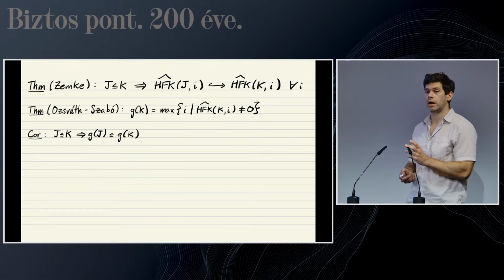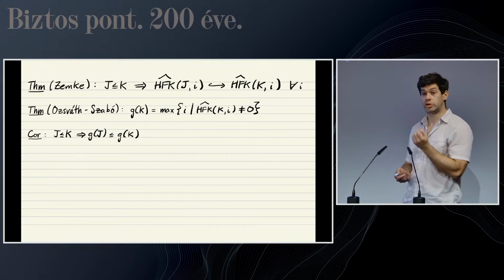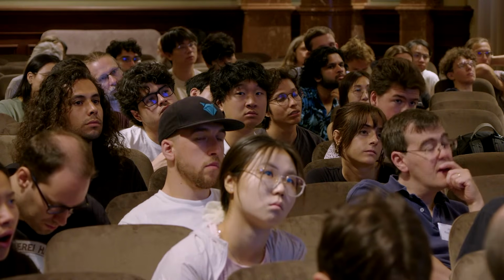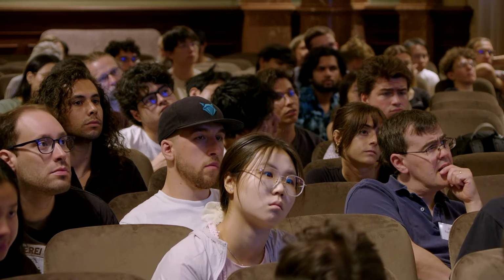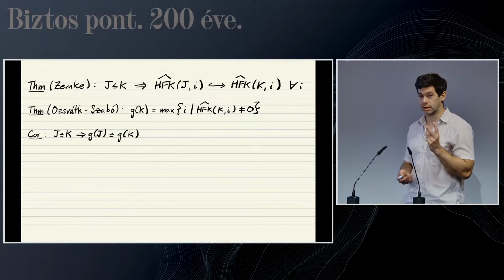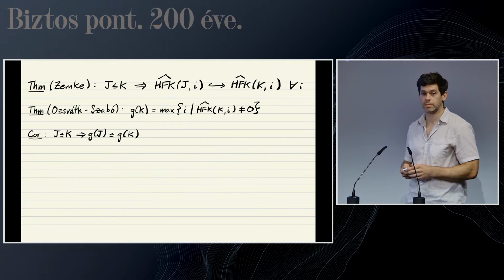And the idea there is that if you have a band sum of several knots, there's a ribbon concordance to it from the connected sum of the same knots. And genus is additive under connected sum, and so by this inequality you get the result. The superadditivity of genus under band sum was known previously in the case of a band sum of 2 knots. That's an older result of Gabai. And so Zemke's result proved it for arbitrary band sums.